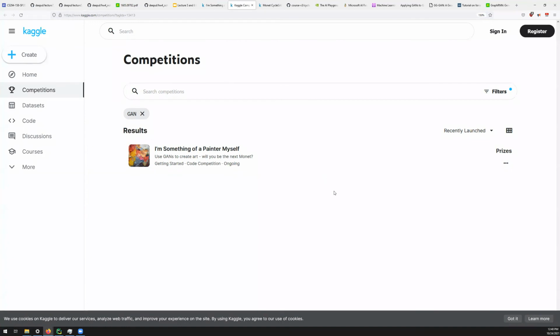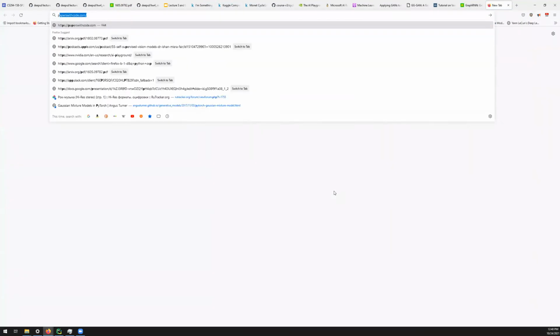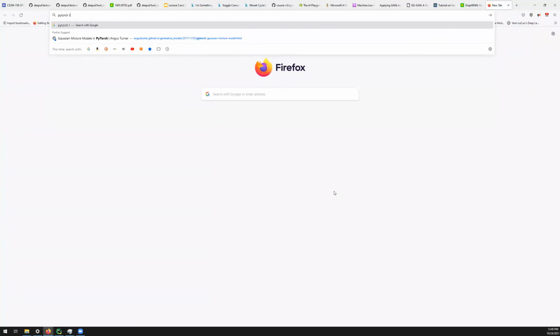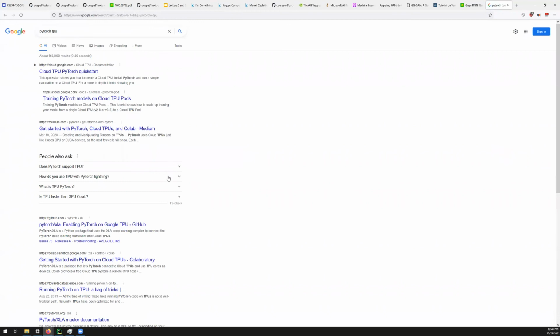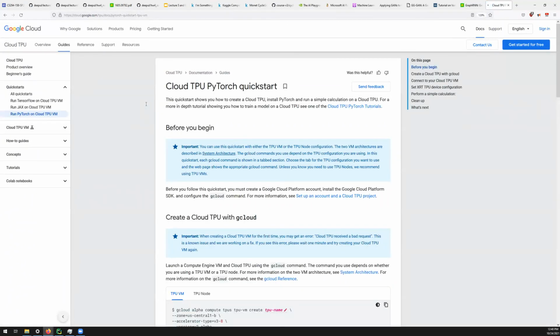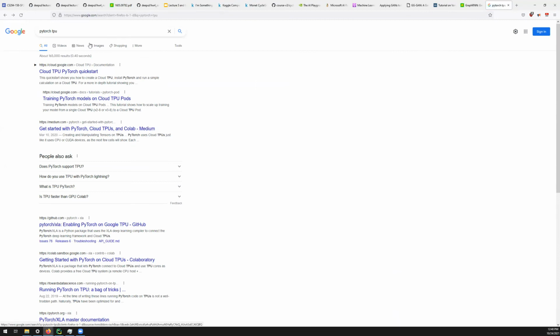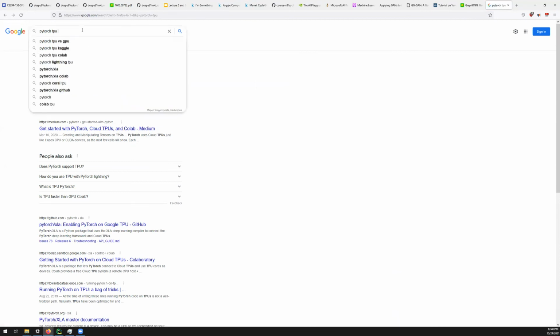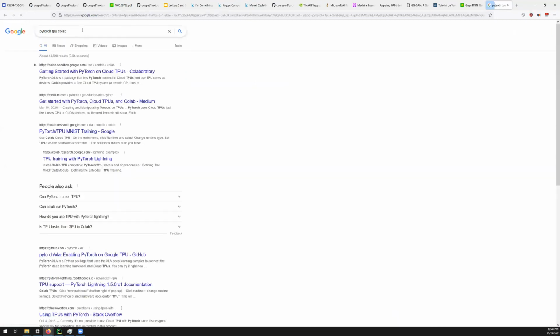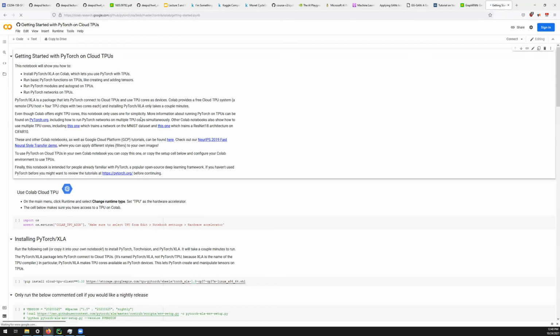There's the Accelerate library from Hugging Face, which makes PyTorch more like JAX, where you just use accelerate for putting things on device and it is handled automatically.